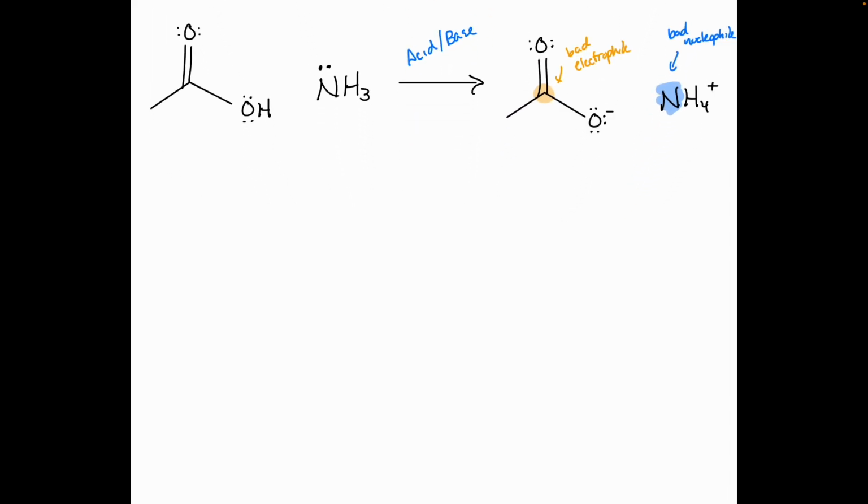But let's say your boss is on you. They're like, look, you got to figure out how to convert this carboxylic acid into this amide, right here. How would you do it?